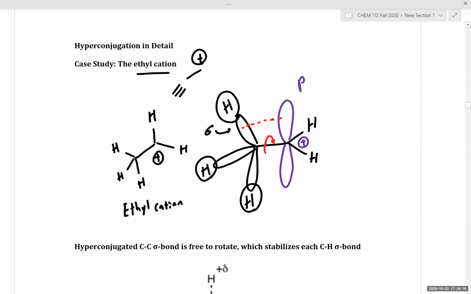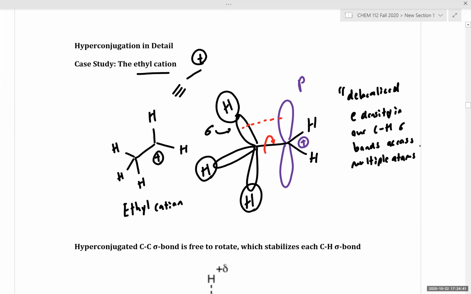As a consequence of this orbital overlap, we have in effect delocalized electron density in our carbon-hydrogen sigma bonds across multiple atoms.